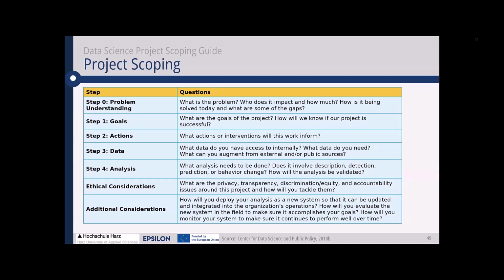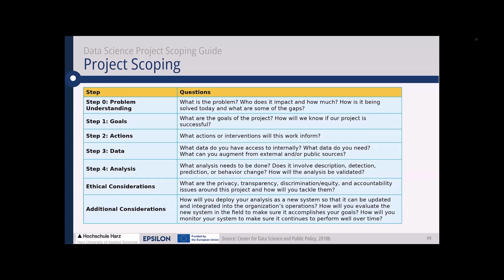And then based on the ethical considerations, you should ask yourself, are data privacy, transparency, and discrimination in line with the codex of your organization? And how will your project tackle ethical data considerations?